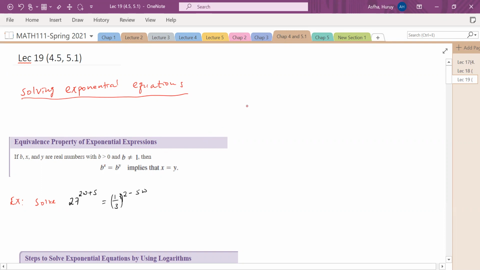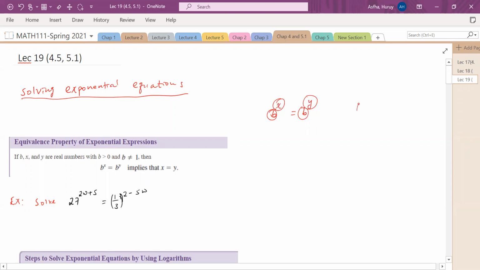Basically what it means is, when we have b to the power of x equals b to the power of y, if the bases are the same on these two sides, then the exponents are the same. That's what we call the equivalence property.